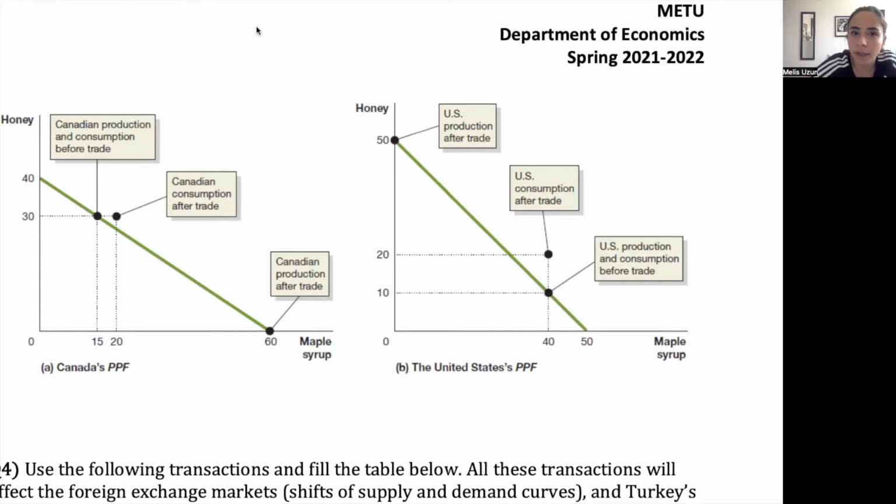But after the trade, it is consuming 30 tons of honey and 20 tons of maple syrup. It is more than it can consume in this line. So that's why our new point is above from the line. So Canada's consumption after the trade is here.